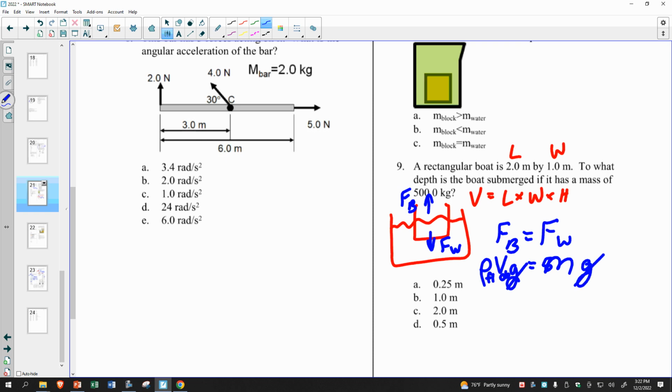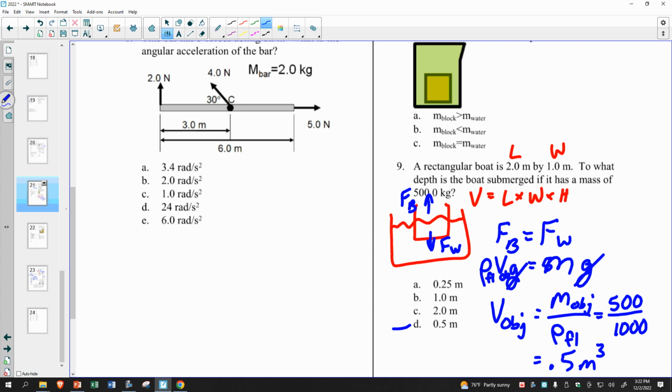My G's cancel. And then I'm looking for the volume of the object, the submerged volume. That's going to be the mass of the object divided by the density of the fluid. That's 500 kilograms over the density, which is 1,000 kilograms per cubic meter. So the volume of the object is 1/2 cubic meter.